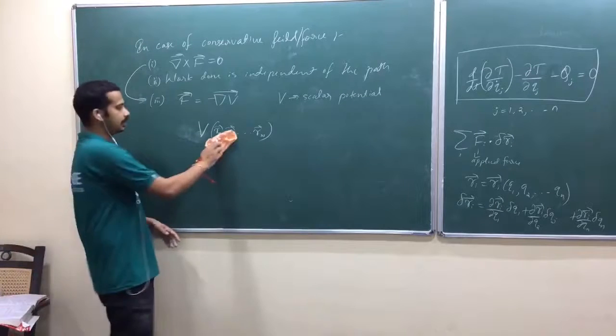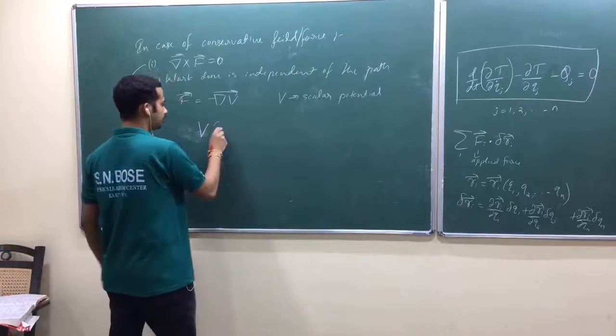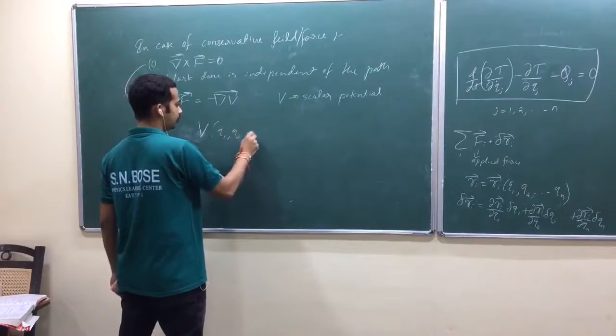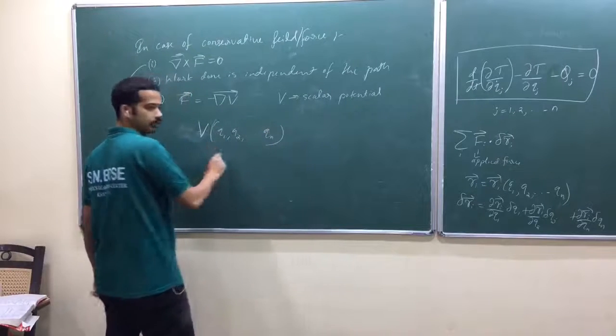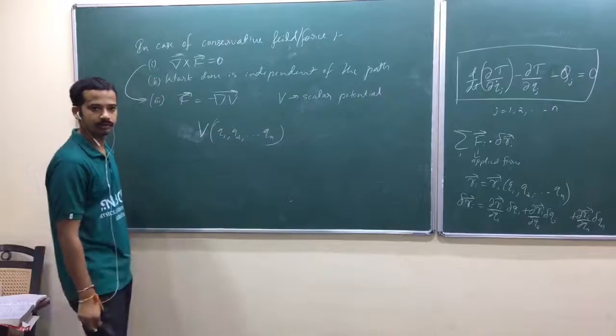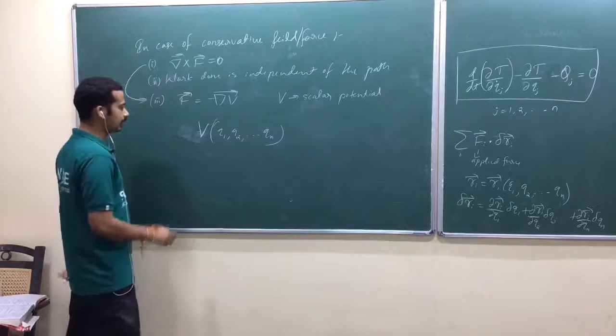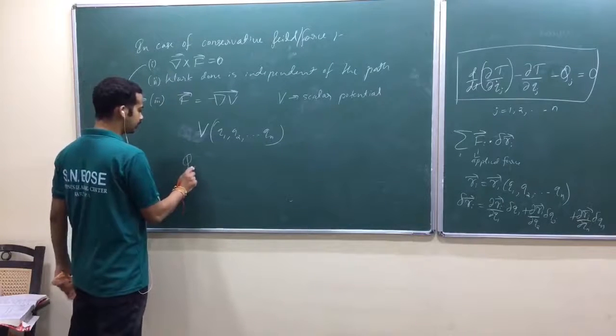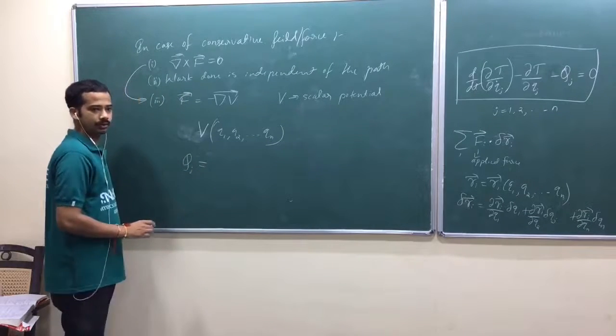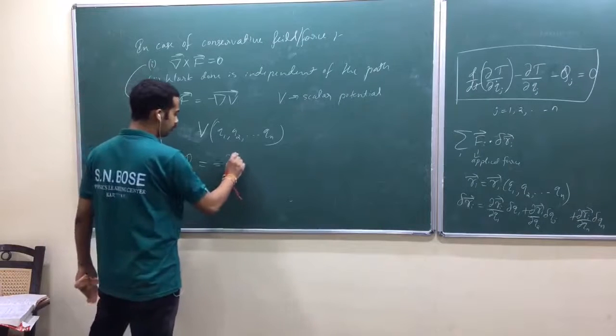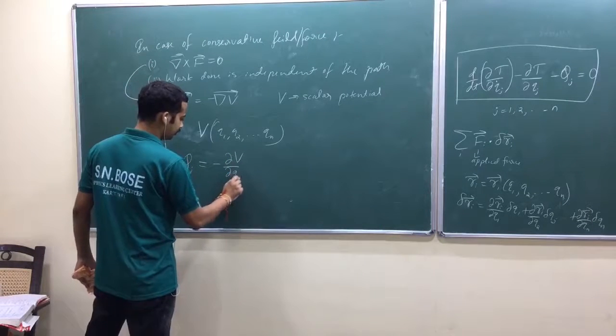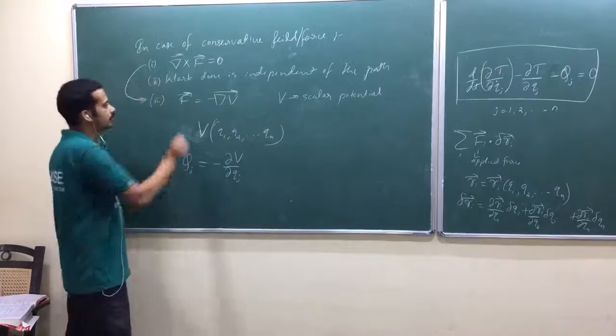Now we need to write that scalar potential in terms of q1, q2 and so on up to qn, the generalized coordinates, by transforming the coordinates. Is that okay? After you write like this, you can write your generalized force is equal to minus dou V by dou Qj.